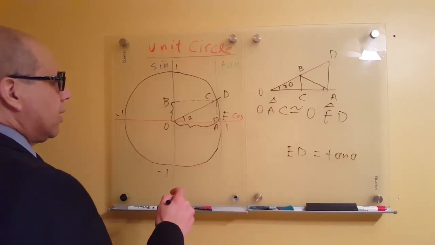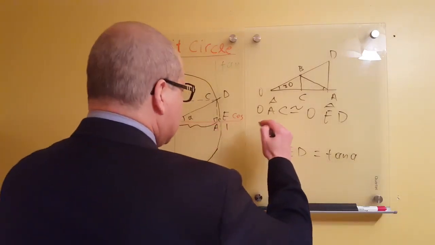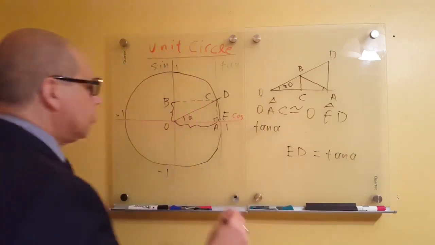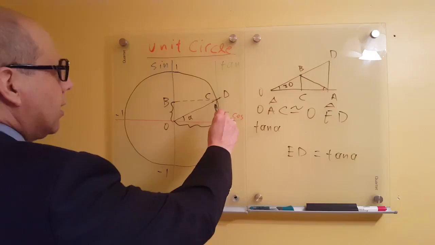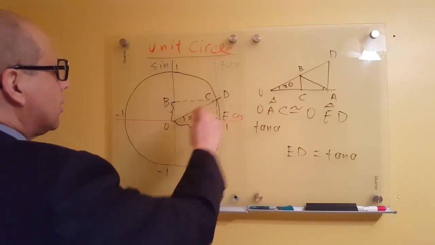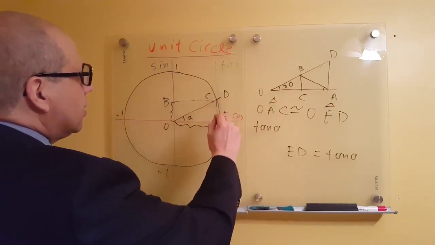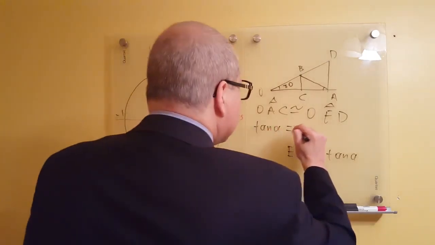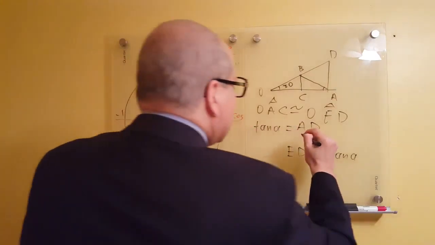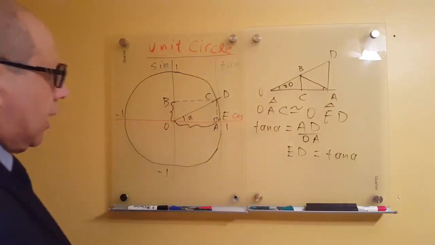Now let's take the tangent of A. As we all know, the tangent is equal to the opposite over the adjacent. If you take the triangle OAC, the tangent of this angle is AC, which is the opposite, over the adjacent, which is OA.